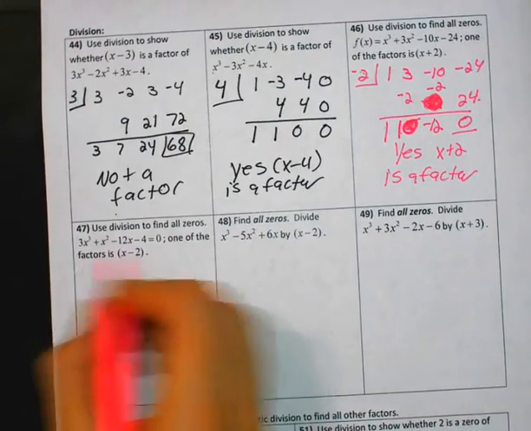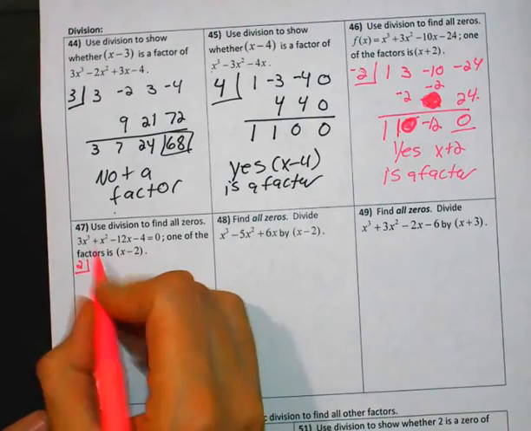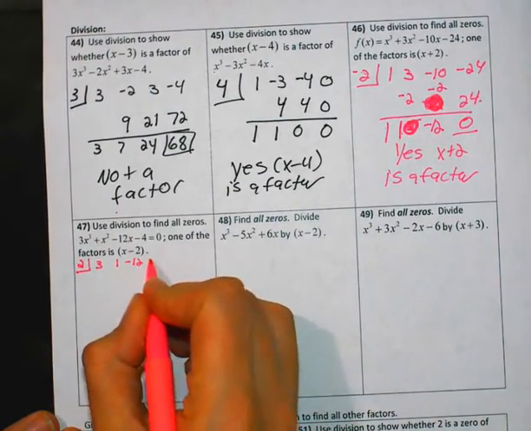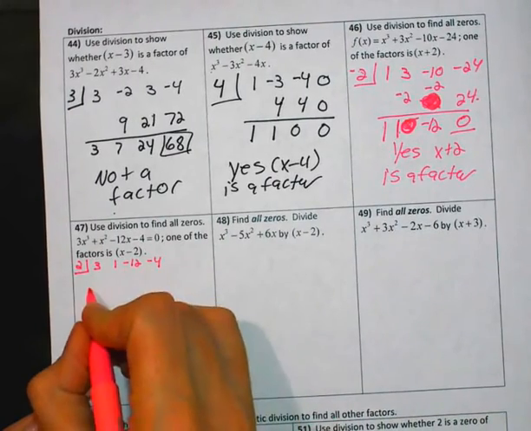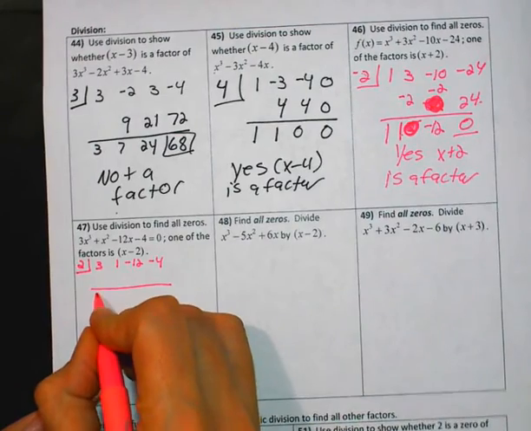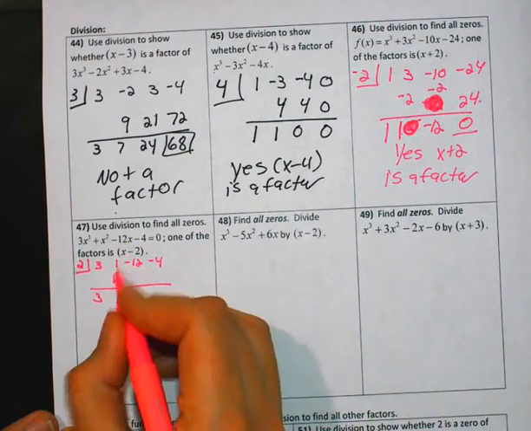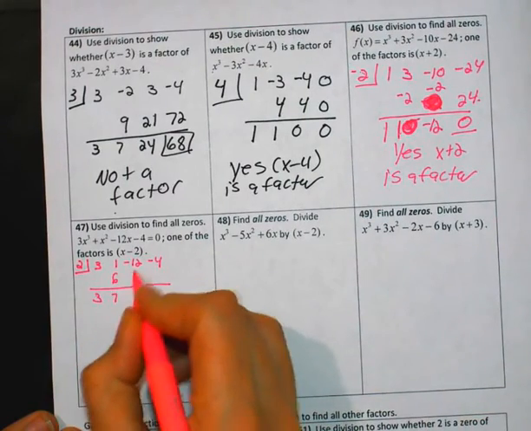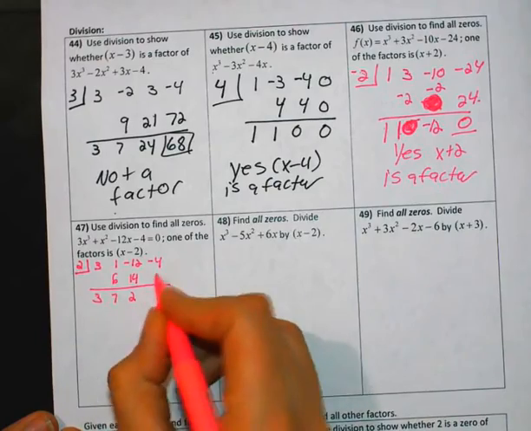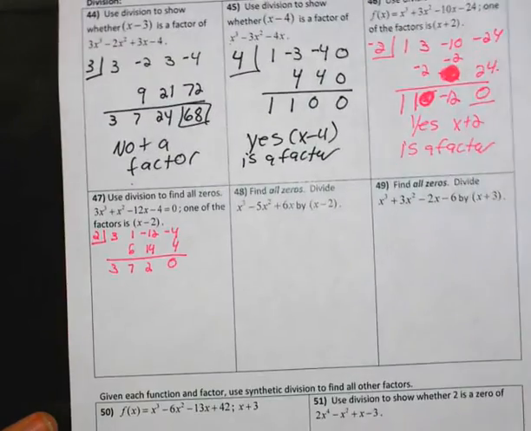So I have 2 on the outside, and then I have 3, 1, negative 12, negative 4. You write your first coefficient down, then you're going to multiply, and then add. Multiply, and then add. Okay, so we definitely know that that's one of our factors.